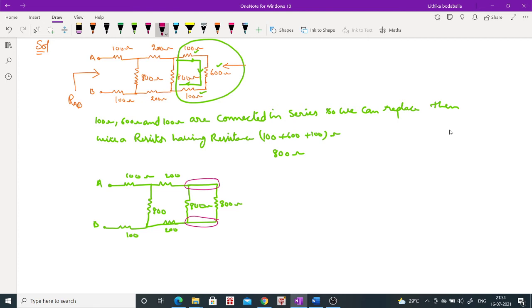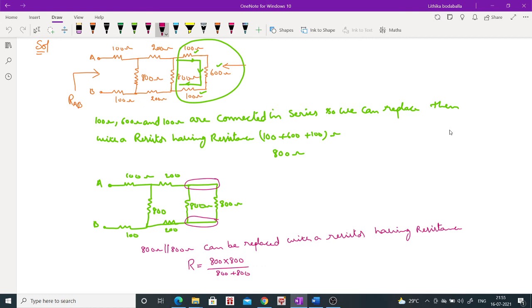So 800 ohm parallel with 800 ohm can be replaced with a resistor having resistance R equal to 800 into 800 divided by 800 plus 800, that is R1 R2 by R1 plus R2.